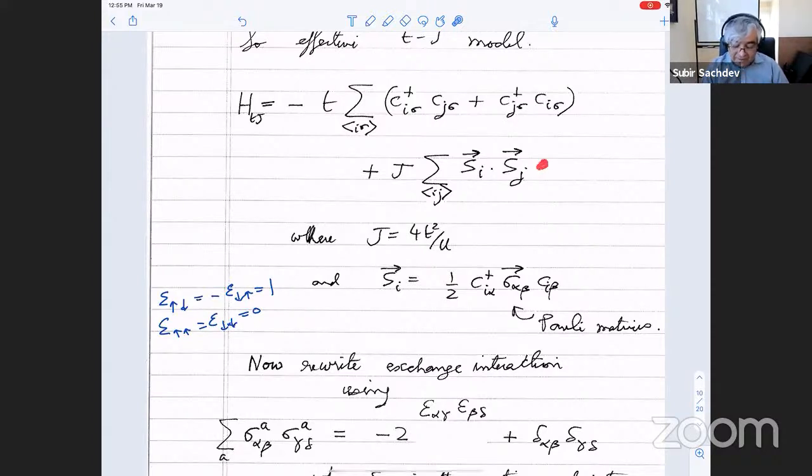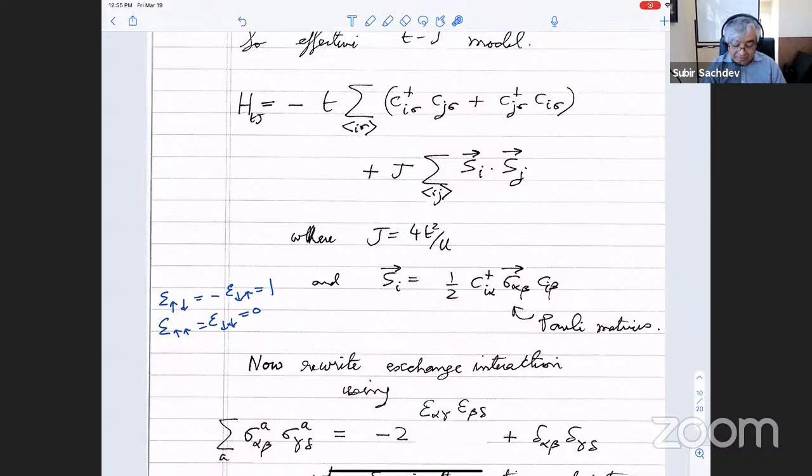Here we are taking a nearest neighbor term, which is attractive to opposite spin electrons, because opposite spins can lower the energy by forming a singlet. So the problem we are solving right now is what happens when you have nearest neighbor attraction for opposite spins.